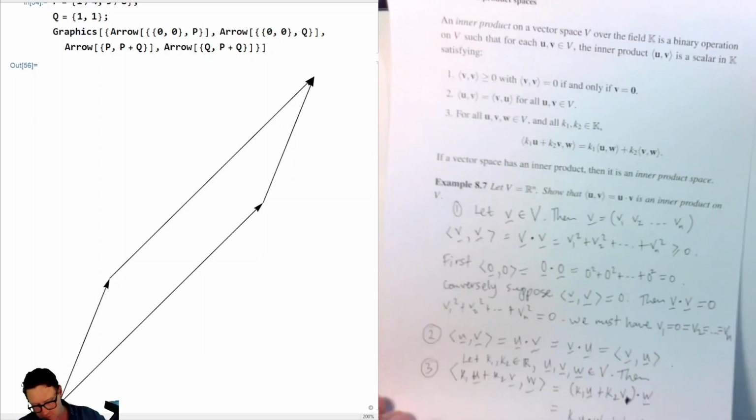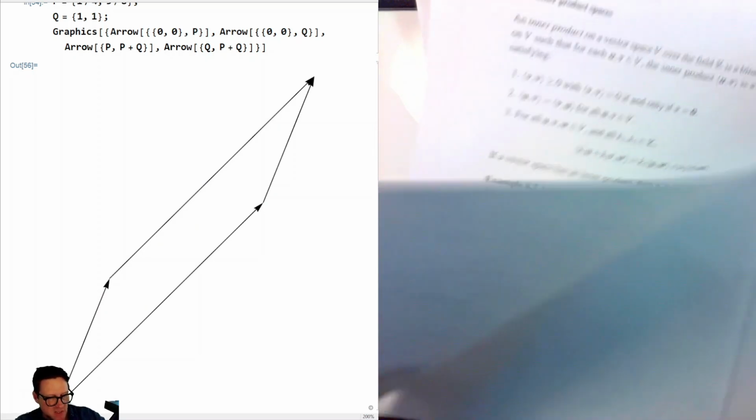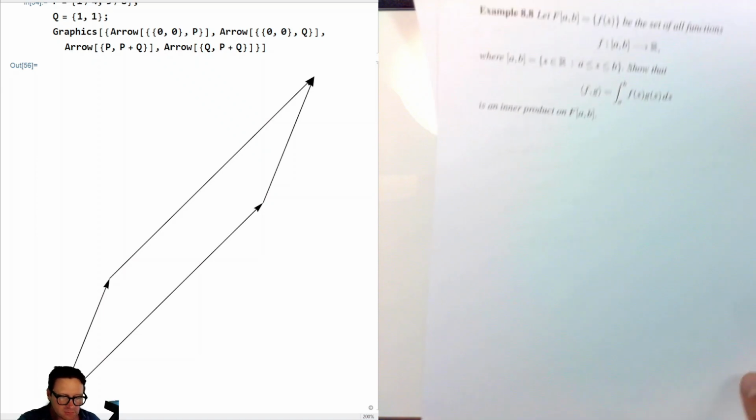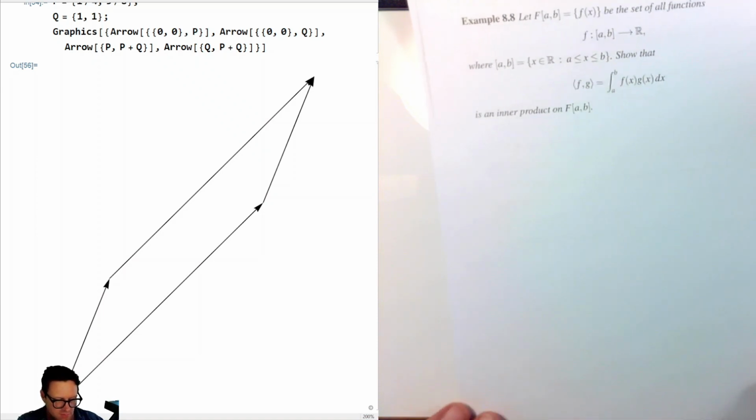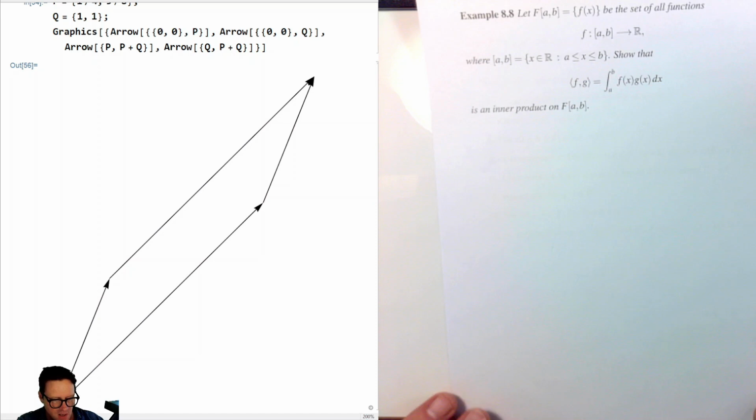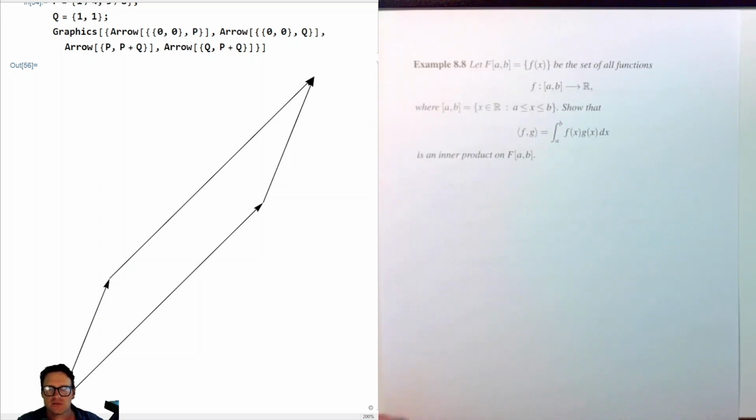Okay, now let's move to an example on the next page, where the inner product is not the dot product, it's actually an integral.